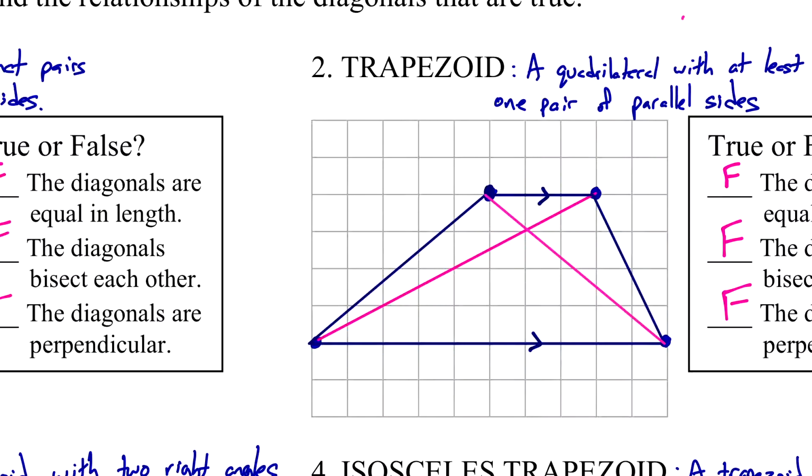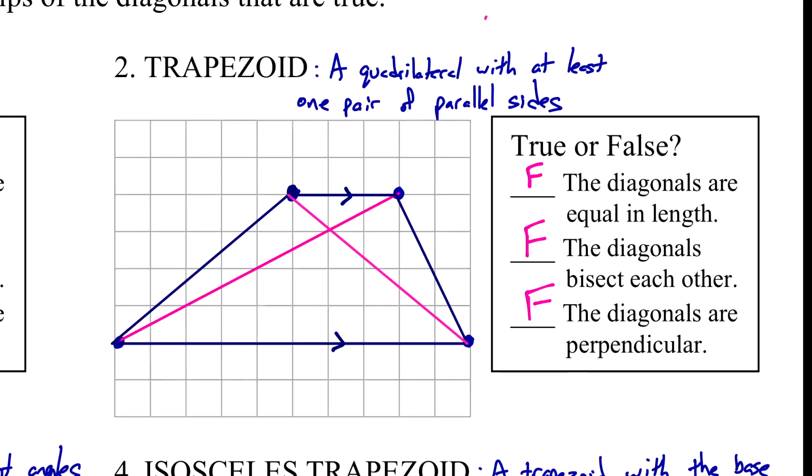All right, and for the trapezoid, none of this is true. Diagonals are not equal in length, so hopefully you could look at these. Hopefully it's a little bit obvious. I tried to draw it in a way so it looked like one was completely longer than the other. It might not be so obvious.